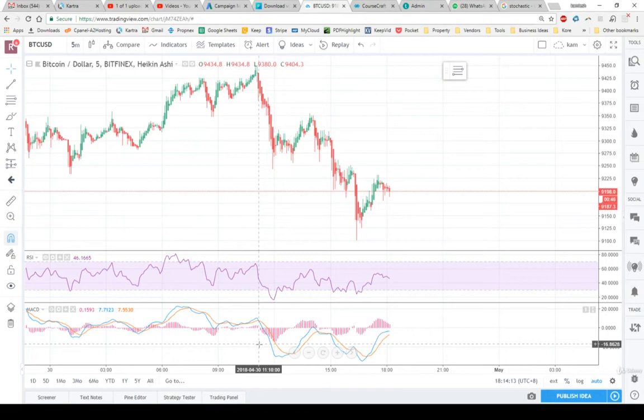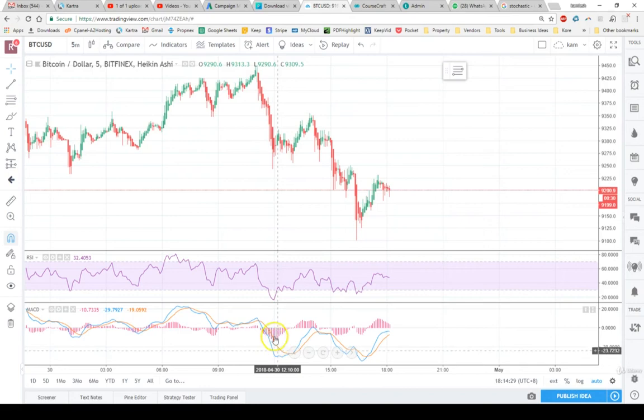Now MACD, we call it a bit of a lazy indicator or the confirmation indicator. That means it actually confirms after a while that yes, the price change did happen, right? So it went down and we say, okay, MACD lines have crossed, hence the price is definitely going to fall. At this point we do not know where the price is going, and then it's going up, right?